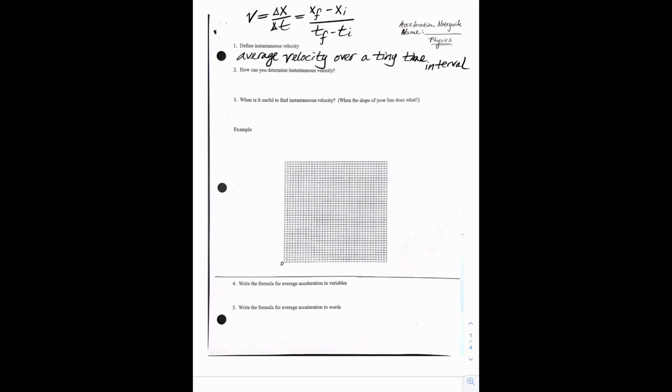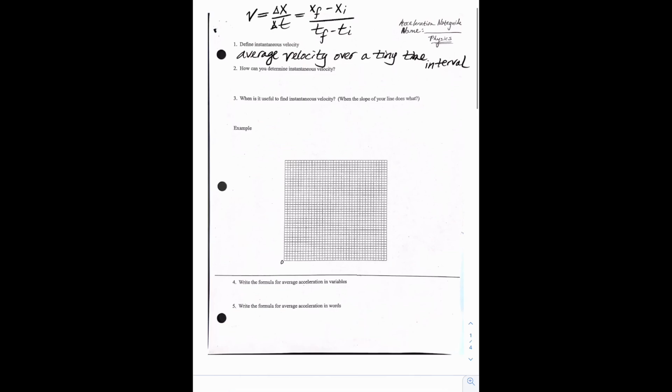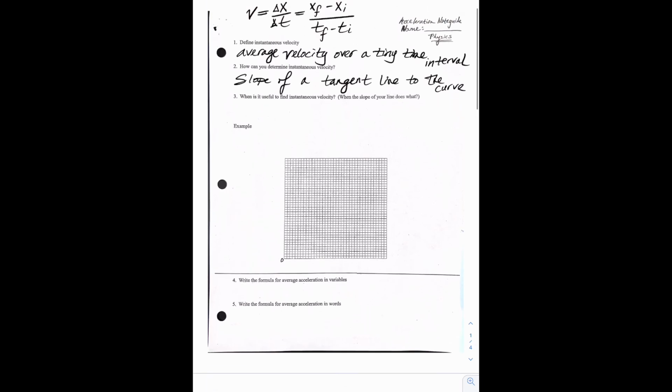How can you determine instantaneous velocity? So in this class, to find instantaneous velocity, what we're going to do is take the slope of a tangent line. And the other way is to calculate.